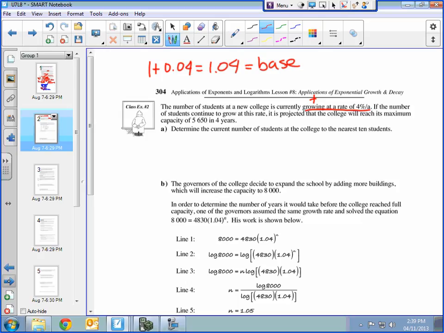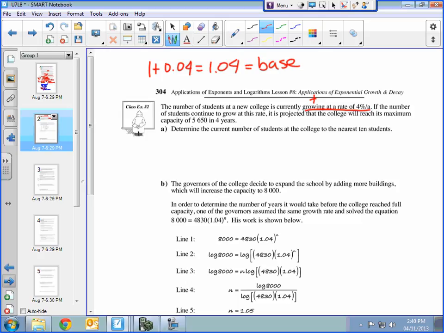Okay, good. If the number of students continue to grow at this rate, it is projected that the college will reach its maximum capacity of 5,650 students in 4 years. Determine the current number of students at the college to the nearest 10 students.